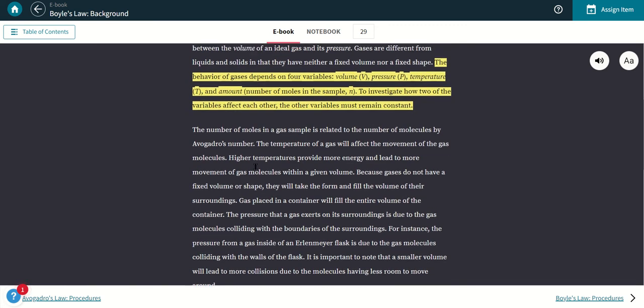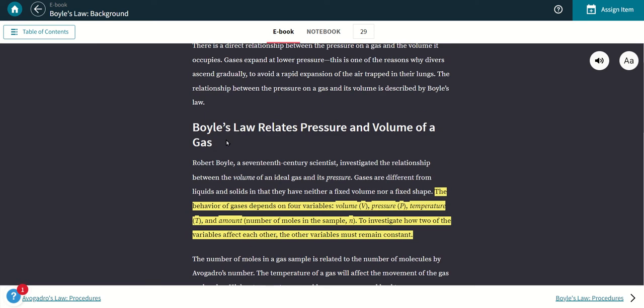So as you have studied from the chapters, you learned how gases have 4 characteristics that affect their behavior, which is volume, pressure, temperature, and the amount. And by amount, we mean moles. Whenever you want to study, the least that you can study at a time is 2 of those variables, 2 of those characteristics.